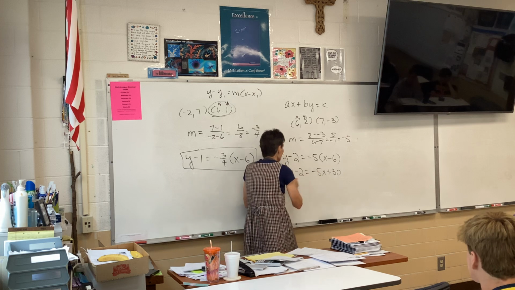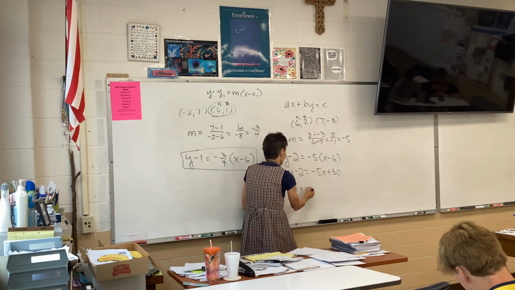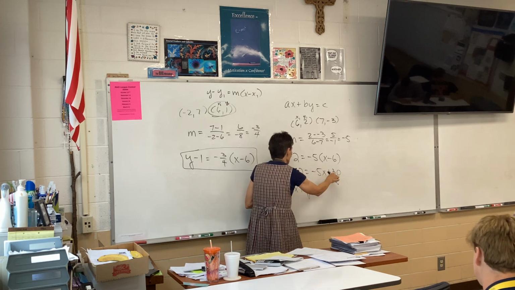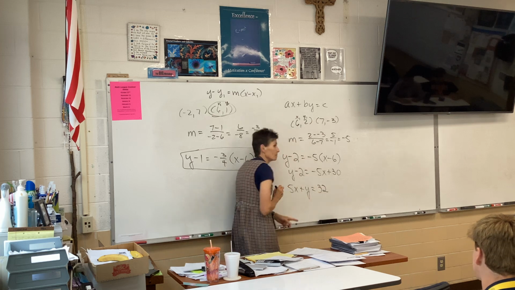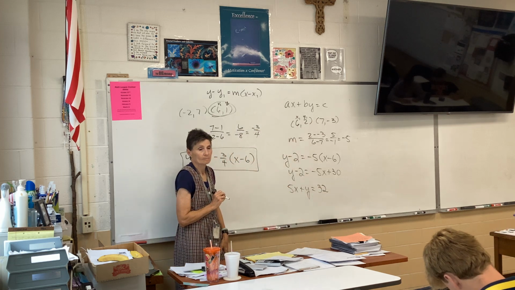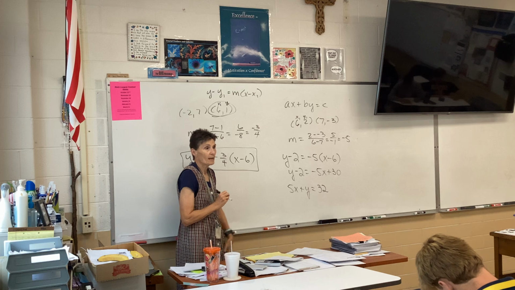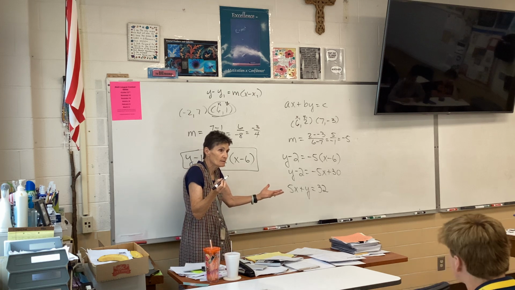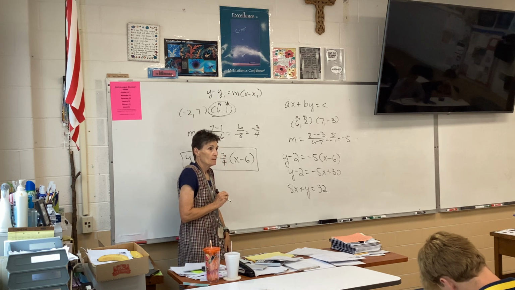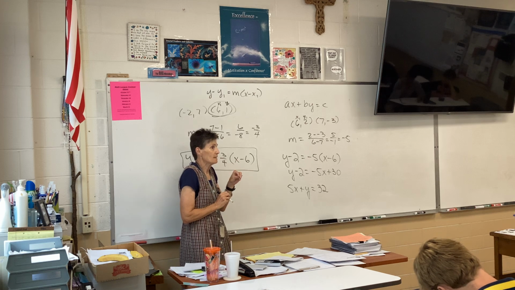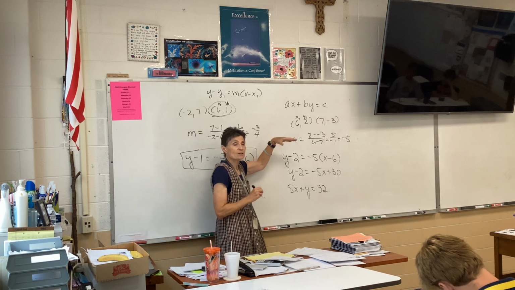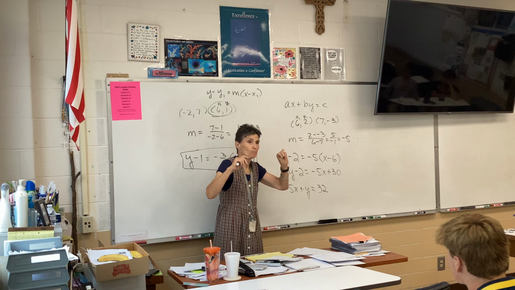So I'm going to add the 5x over and move the 2 over. And now my equation is in standard form. Now, the cool thing is, I didn't need a new process, I didn't need a new procedure.